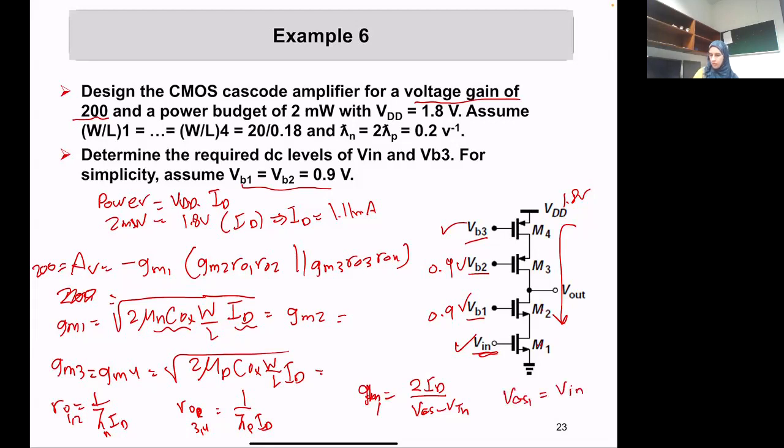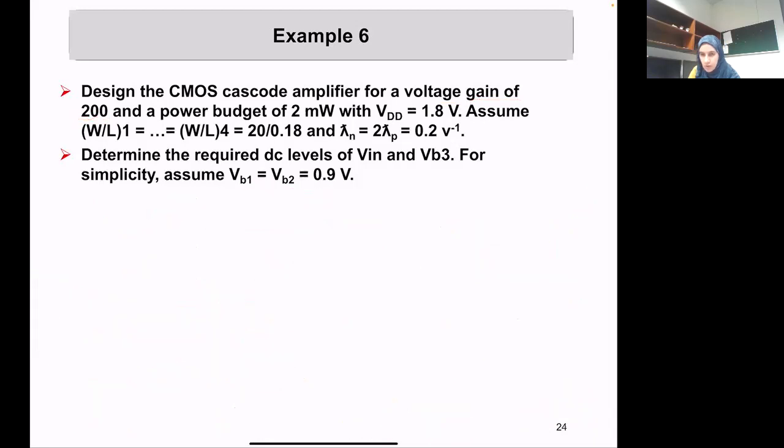And GM3 is also 2ID over VSG, which is equal to VDD minus VB3. So we can find VB3 from here after we find all these GM. I don't know why they are doing all those steps in the book. Okay. Any question on this?